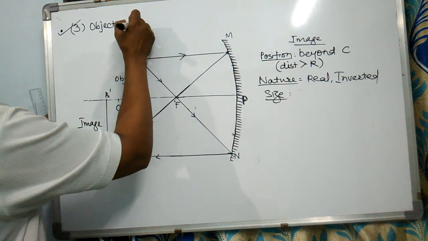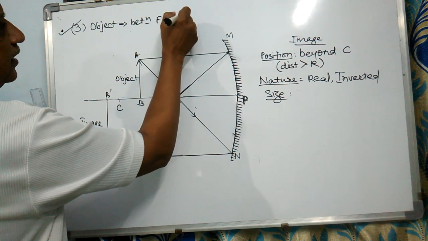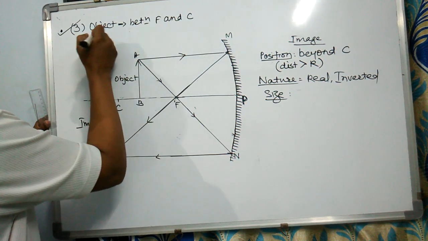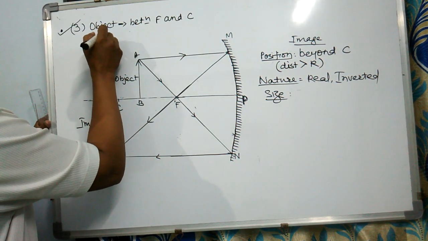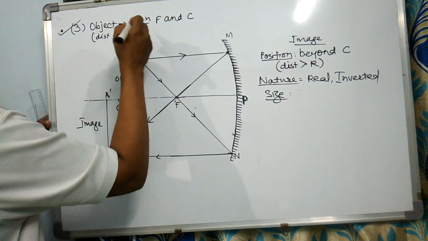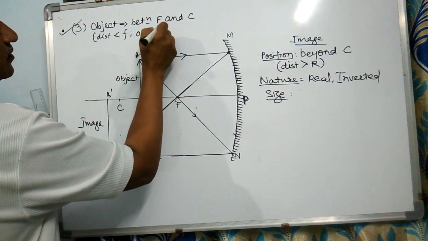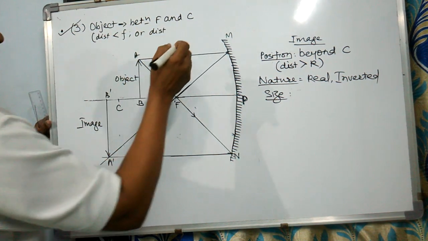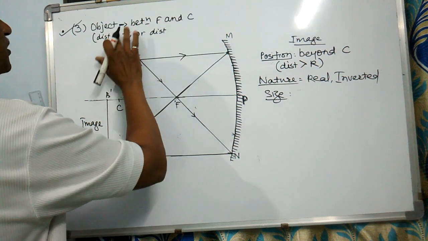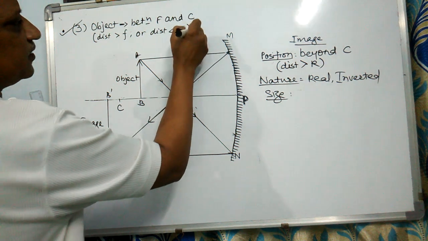Object between focus and center of curvature means the distance is greater than the focal length and less than the radius of curvature.